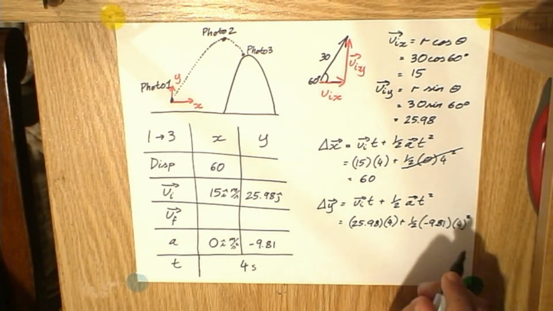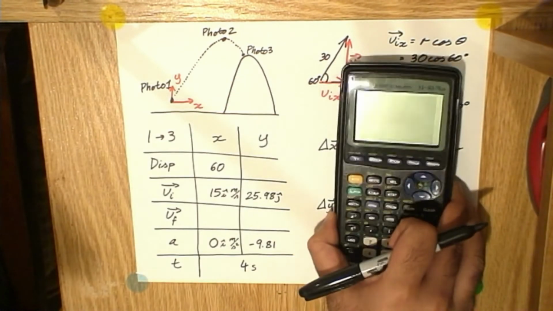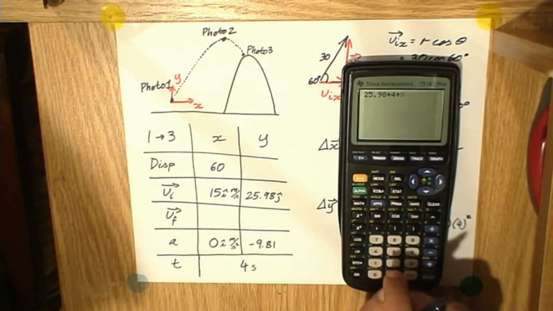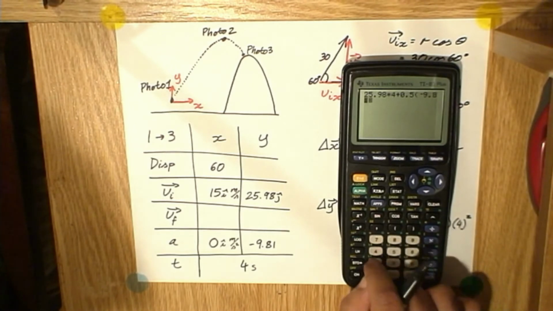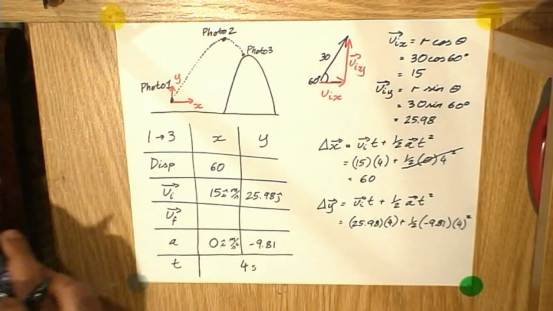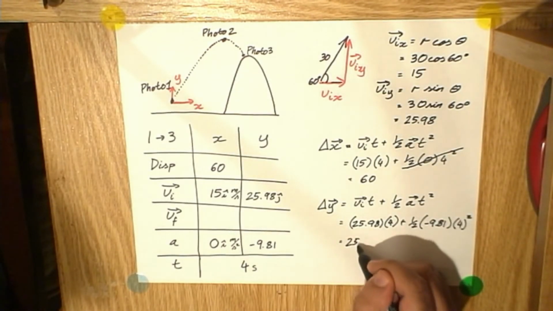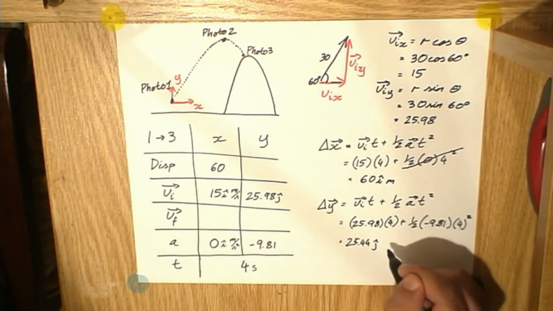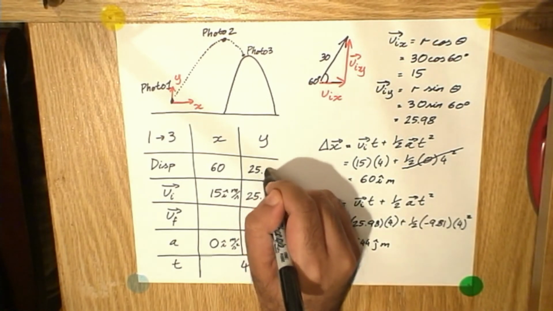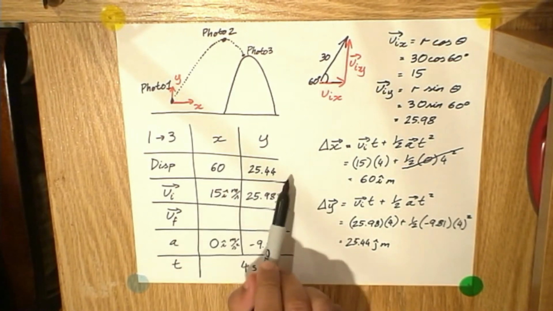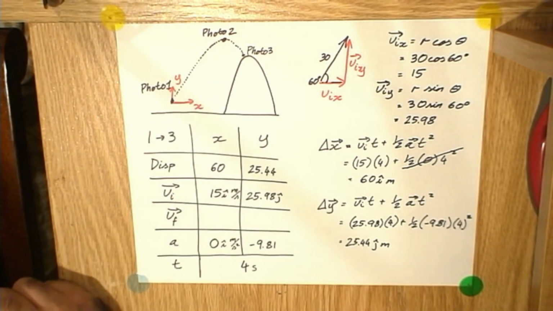So this is one where we probably want our calculators. 25.98 times 4 plus 0.5 times negative 9.81 times 4 squared. 25.44. And of course, this would be i hat meters, this would be j hat meters. So now we have solved for the displacement of the arrow between photo 1 and photo 3.